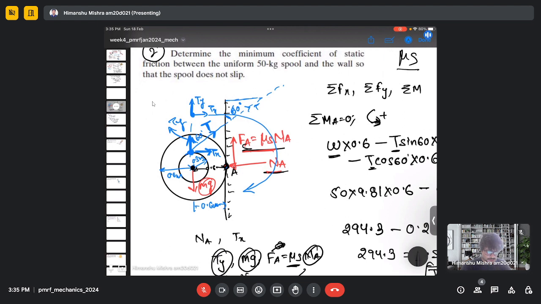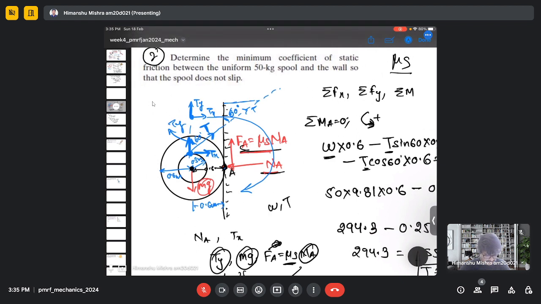So there are overall four kinds of force: weight, tension in both vertical and horizontal components, as well as the friction force. You can also add the normal reaction. So we have four kinds of force: weight, tension, normal reaction, and the friction force.